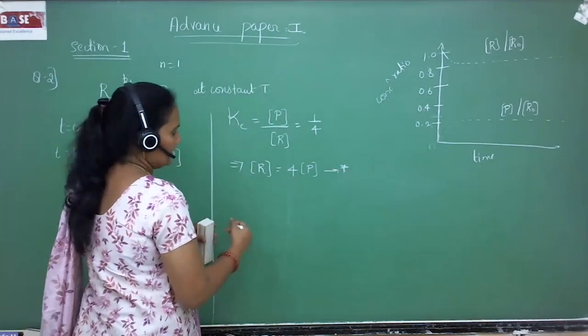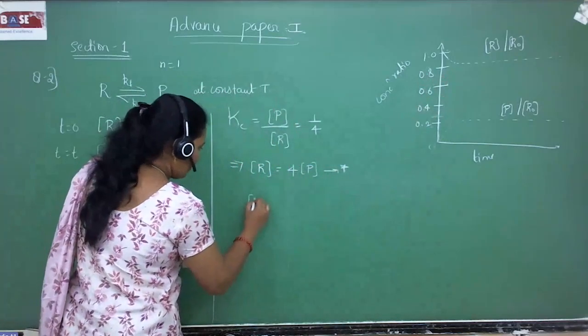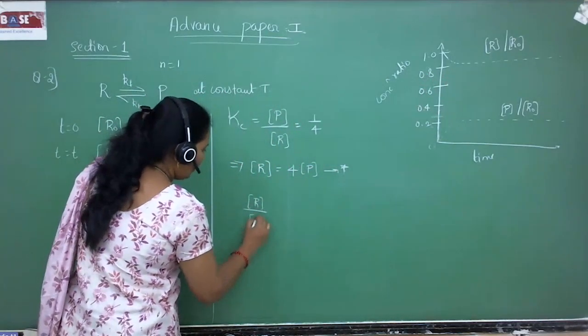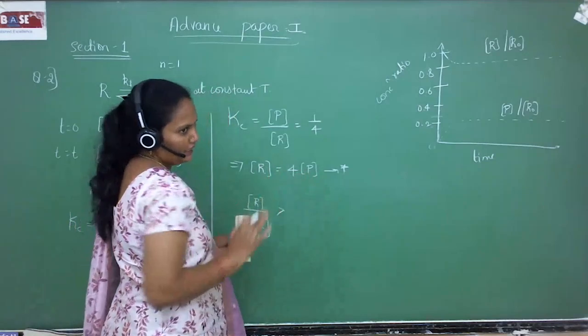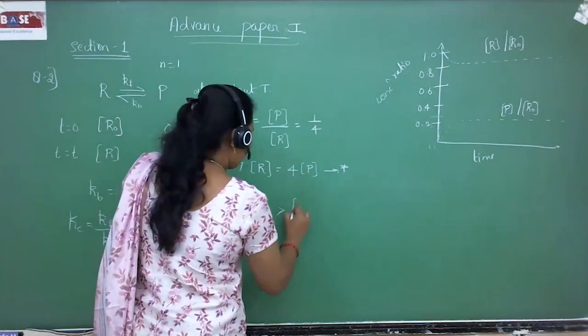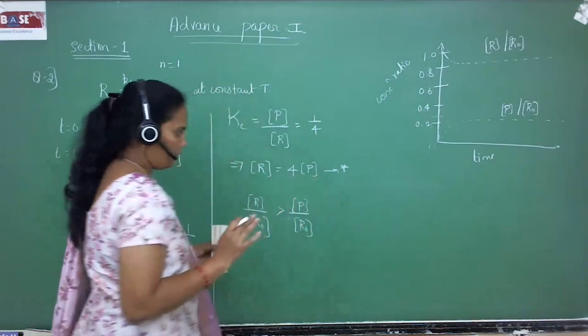Then in the graphs, everywhere they have divided by R naught, so I'll just divide by R naught. R by R naught will be greater than P by R naught, because R will be greater than P. Anyway, we know this.